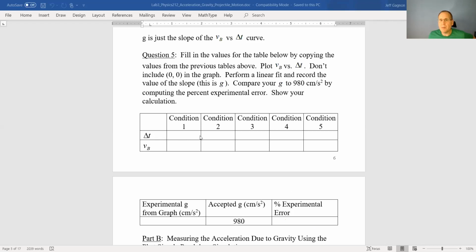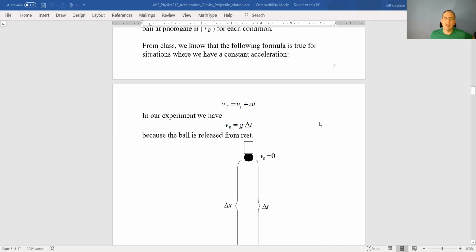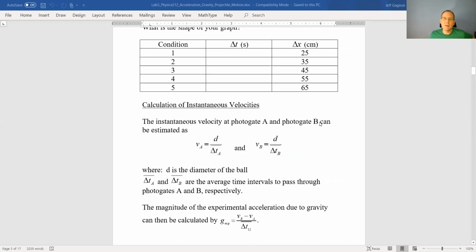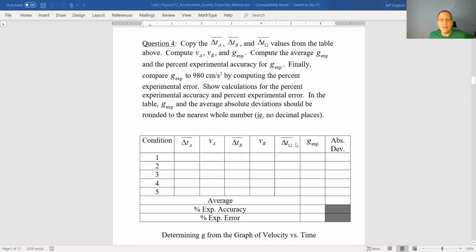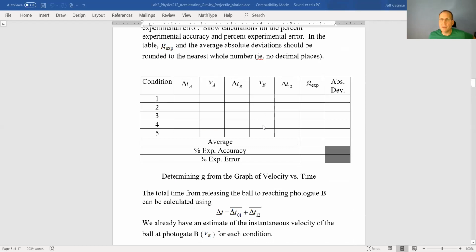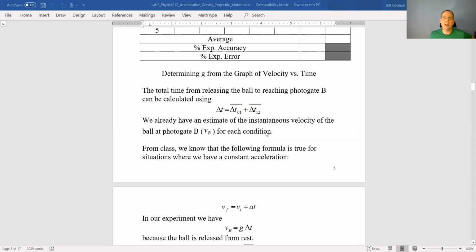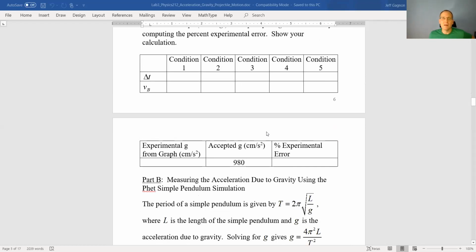You can just copy them down again from the previous table. So it's these 5 values. And then you already have the VBs. That comes from this table. So these 5 values. So you're just going to copy them down again so that you have those values.